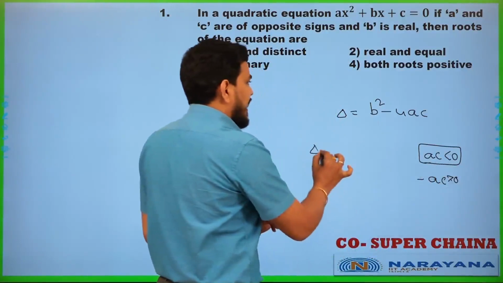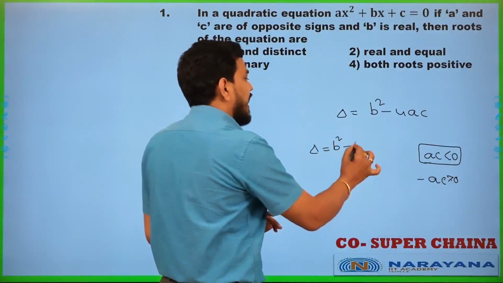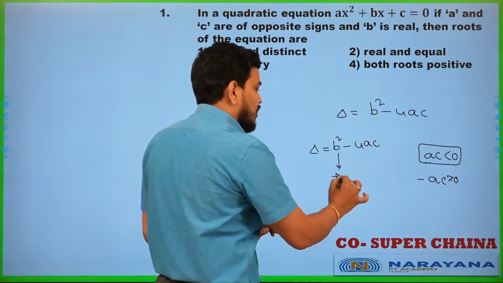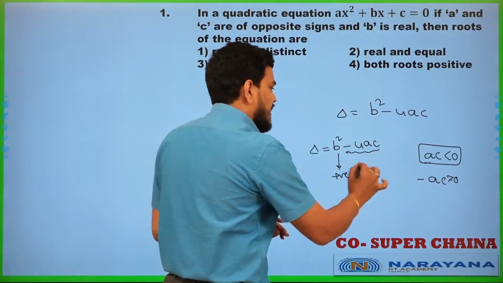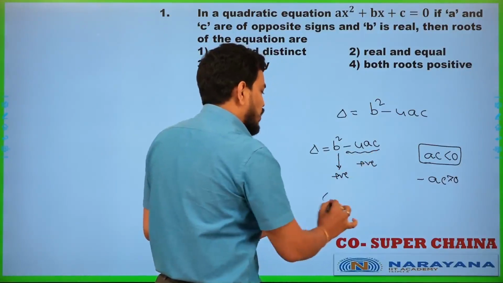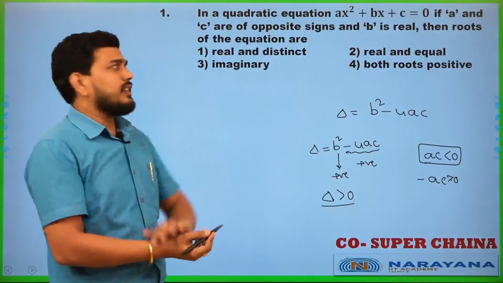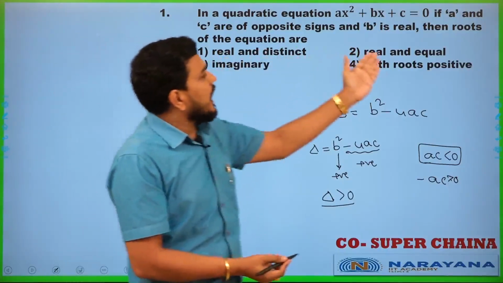So here delta is b² − 4ac. This is a positive value and this entire term is also positive, so you will get delta greater than 0. When delta is greater than 0, what is the answer?